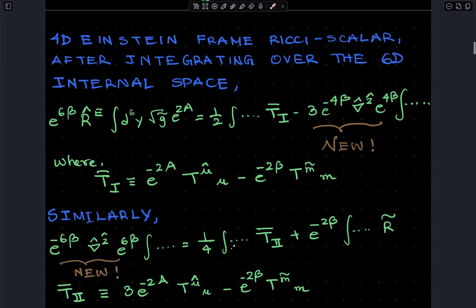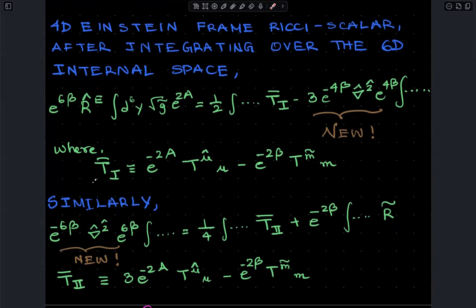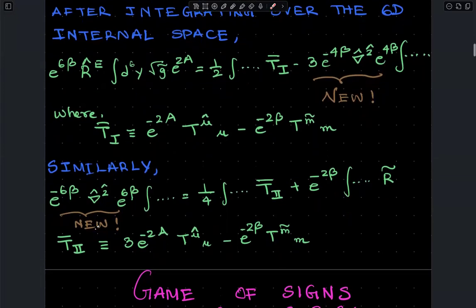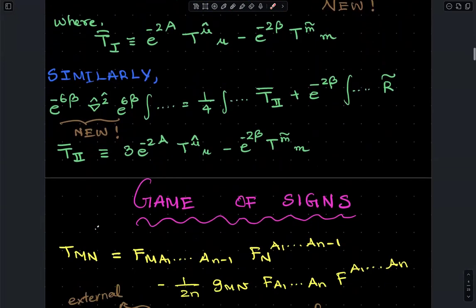With this at hand, to comment about the 4D Einstein-frame Ricci scalar, we really need to know about the signs of this one and this one. Of course, this sign really depends on, again, here as well. So I'll first give a brief overview of the signs in the game.